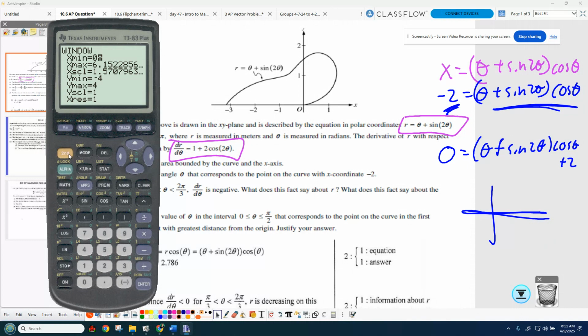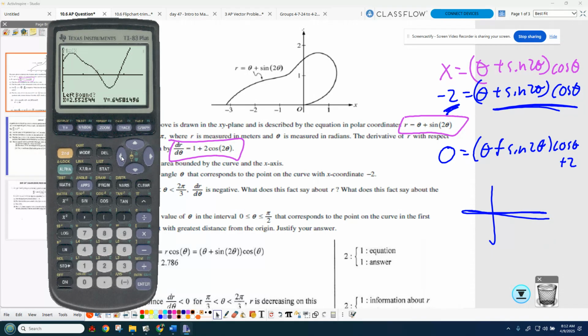And I should set my window 0 to pi only, so I'm not looking at all the other stuff. And then trace, second calc, where does it hit the 0?